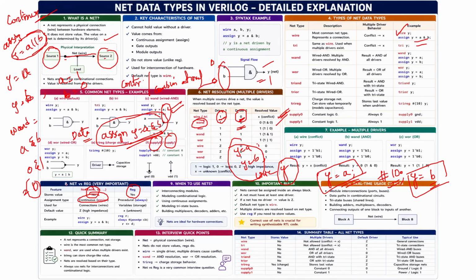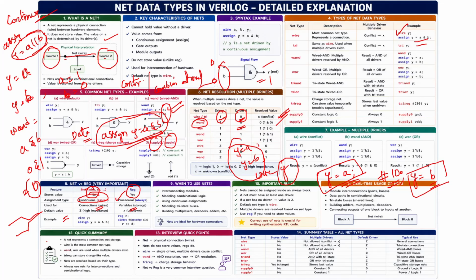There is no storage. And for procedural assignments, that is always and initial blocks, we are using reg, and wire is used for connections. The default value for wire: if you are not giving any value, you will get the high impedance value. This is the stable state, and you are getting the high impedance state.